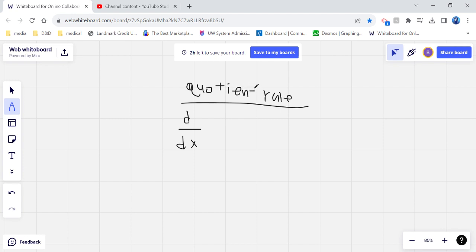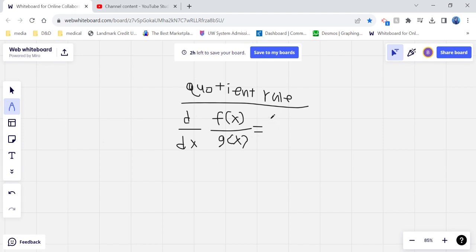And that's when we have basically a quotient of two functions, right? So we have one function divided by another function. And again, usually f and g are simpler functions, like polynomials and e to the x, stuff like that.